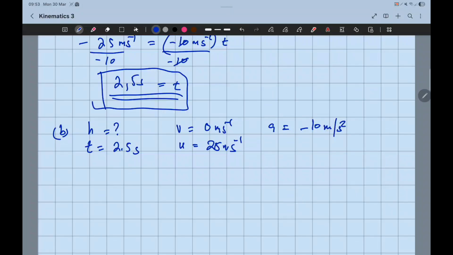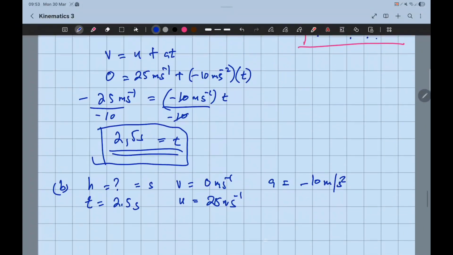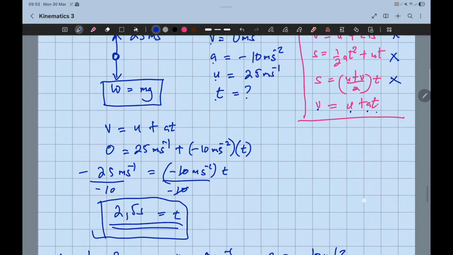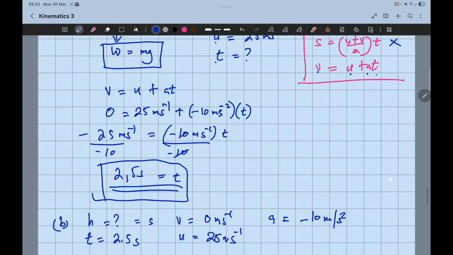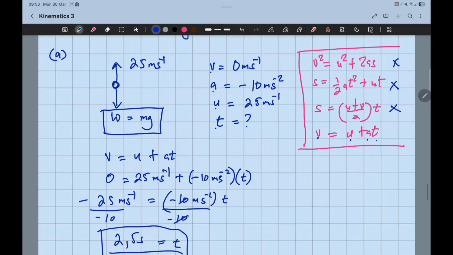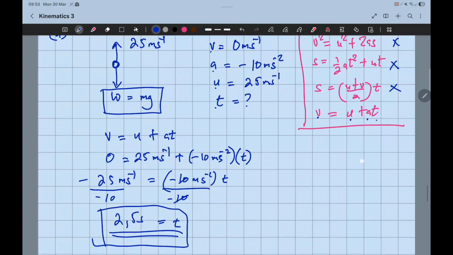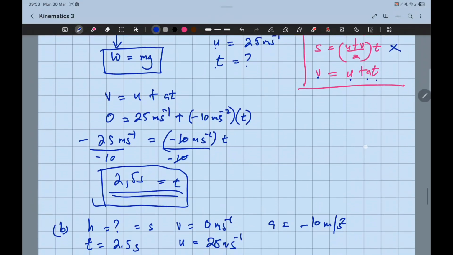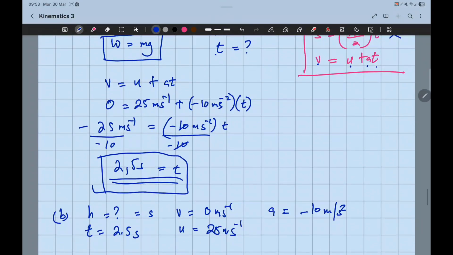So tirikutsvaga H, and H is basically our S. And yet, so again we can use the equations of motion. So tukuda equation ina S, and at the same time in ma variables that information that is provided now.